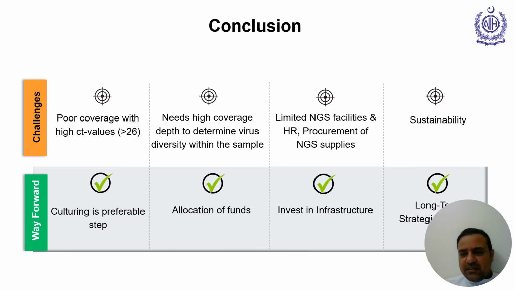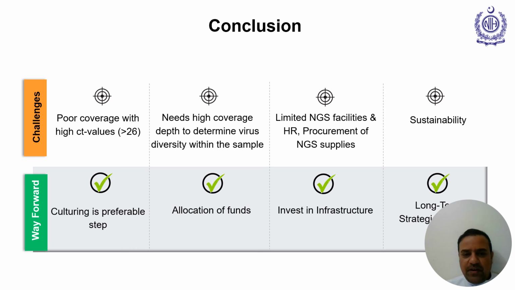And then sustainability is a challenge. During the COVID-19 pandemic, we received a lot of support both from the government of Pakistan as well as from donors. But as the pandemic is slowing down, we face this challenge of sustainability.